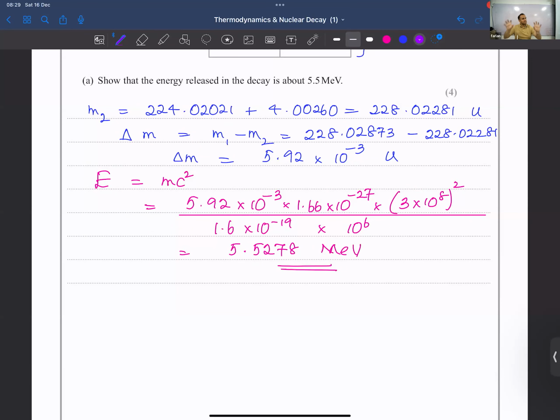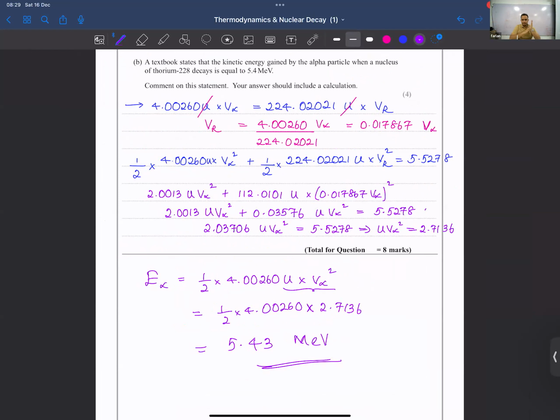What I did is I used the conservation of momentum, and then I found the relationship between VR and V alpha, and I added their kinetic energies together and made it equal to the previous value that we got, and did it the hard way and found the value. Okay.